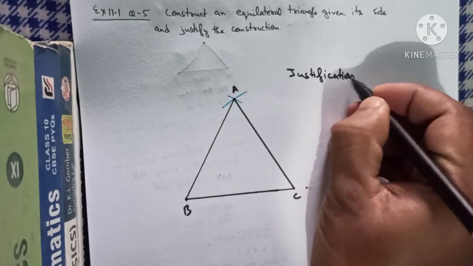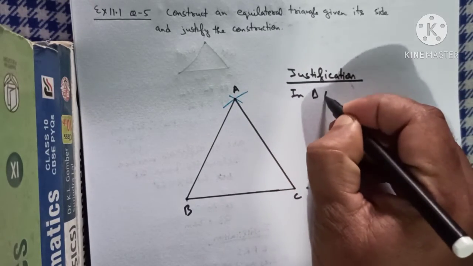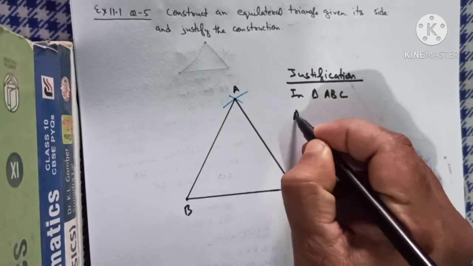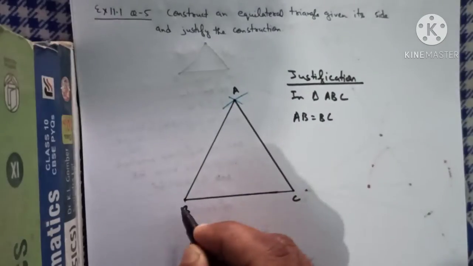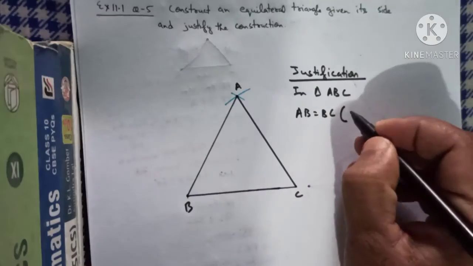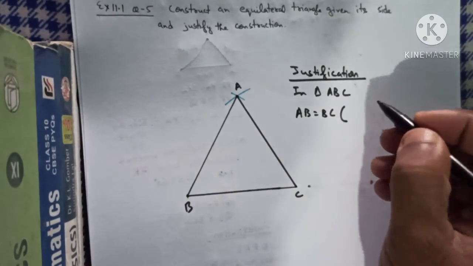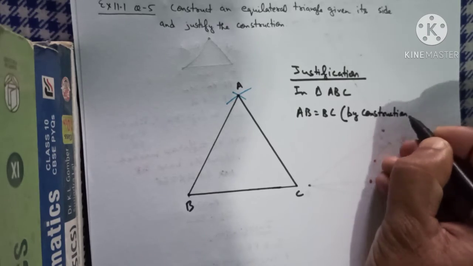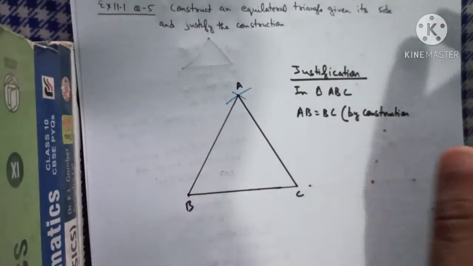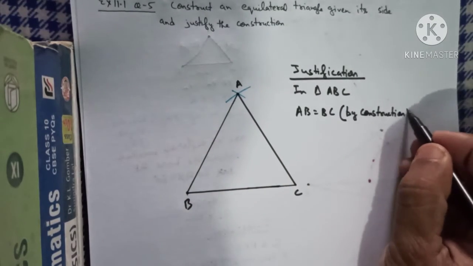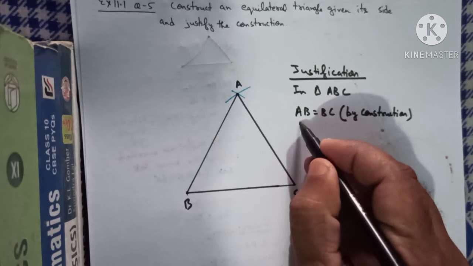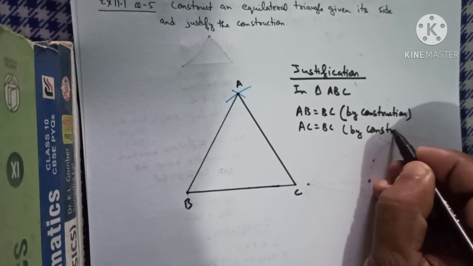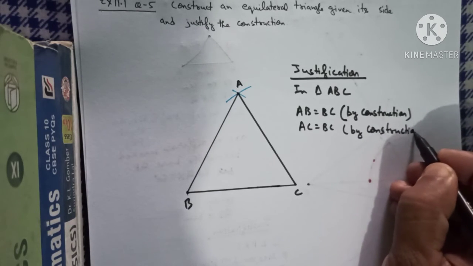Justification we can give like this: in triangle ABC, AB is equal to BC, by construction, because we have taken the arc distance of AB as equal to BC only, and AC is also equal to BC, again by construction, because we have taken the arc AC equal to BC.